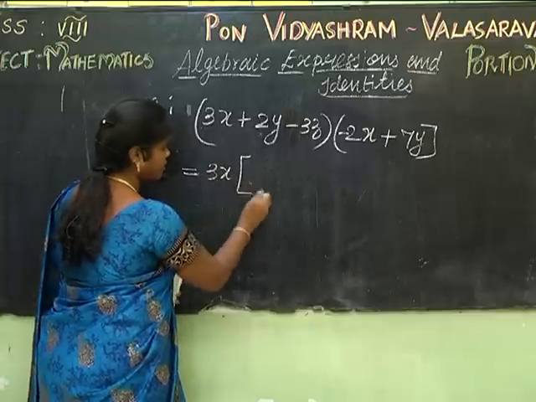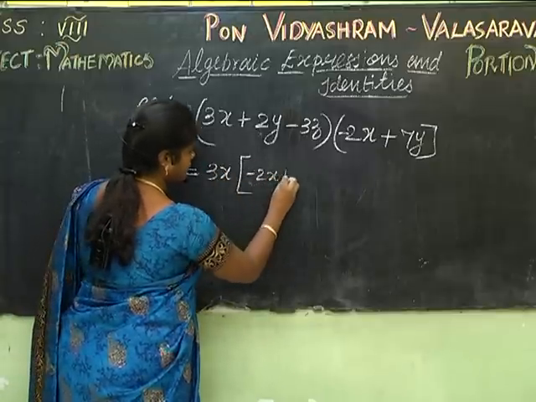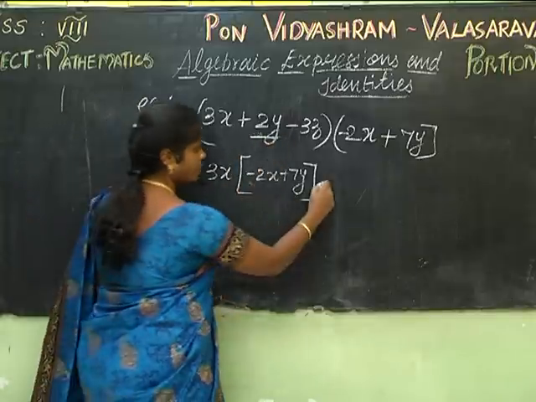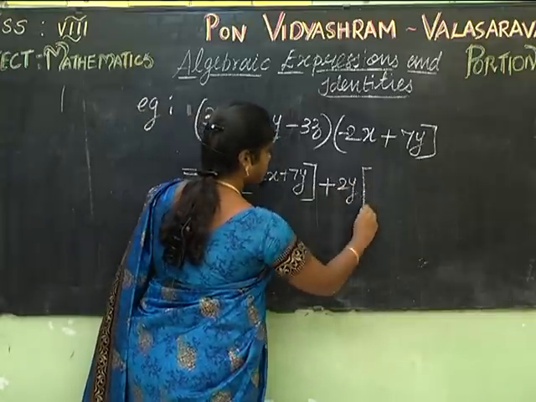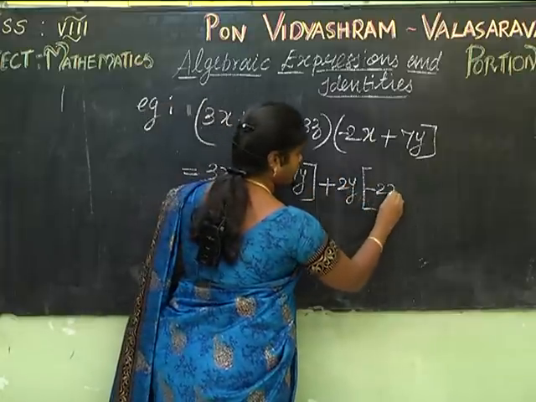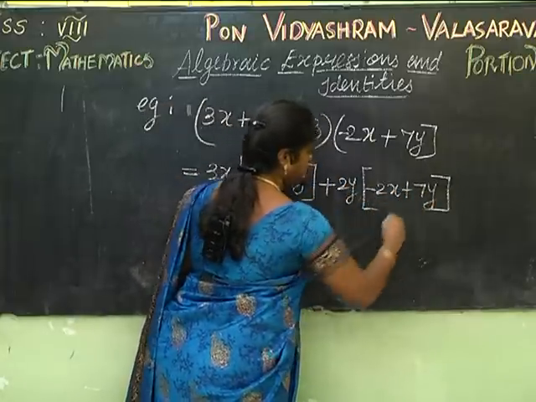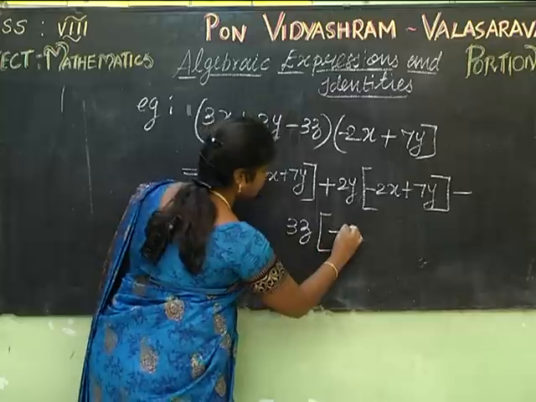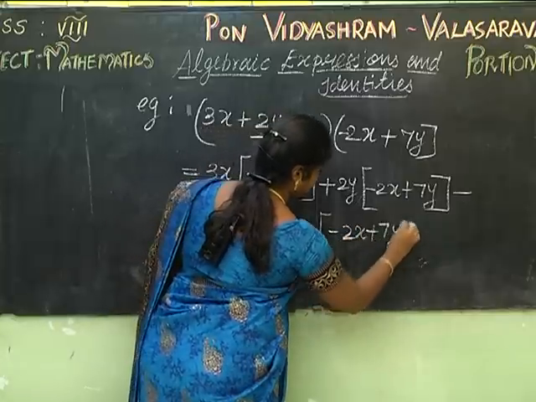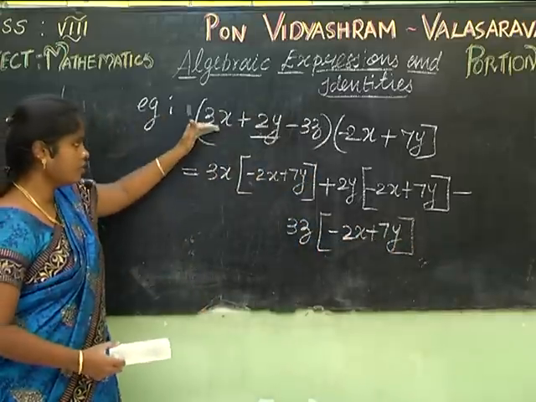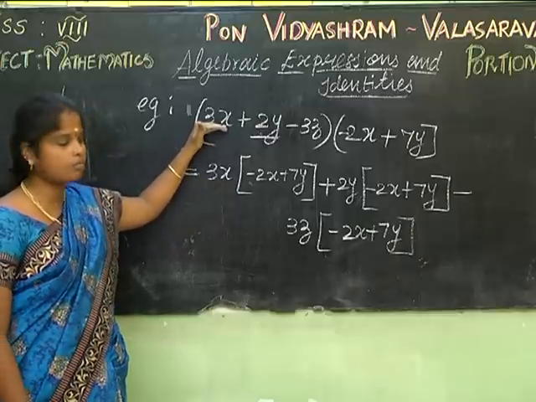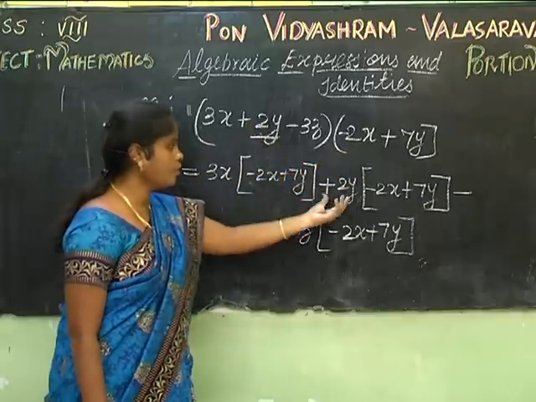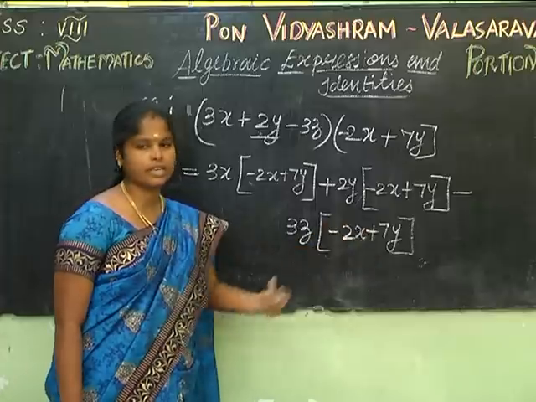So 3x multiplied by minus 2x plus 7y. Then take the second term of the first expression, plus 2y multiplied by the second expression, minus 2x plus 7y. Then take the third term of the first expression and multiply it by the second expression. You have to take the terms of the first expression multiplied with the second expression. So 3x into the second expression, 2y into the second expression, minus 3z into the second expression.